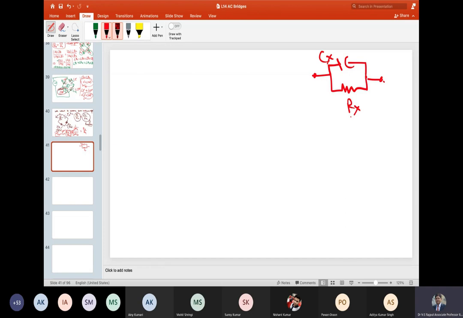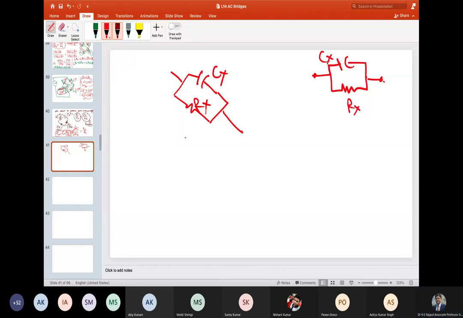So how do I do this? Can you think about it? So first of all, as usual, let me place my unknown variable somewhere across some arm. So now I have Cx and Rx, which I don't know.